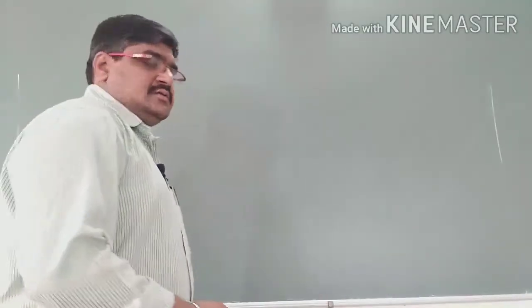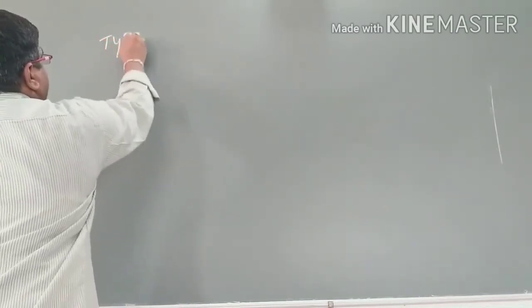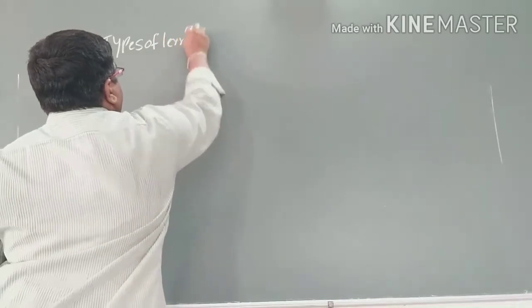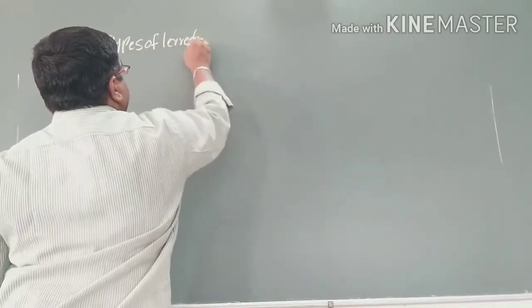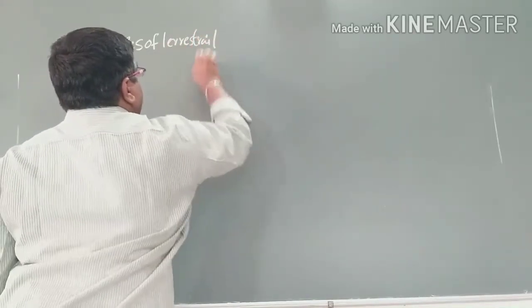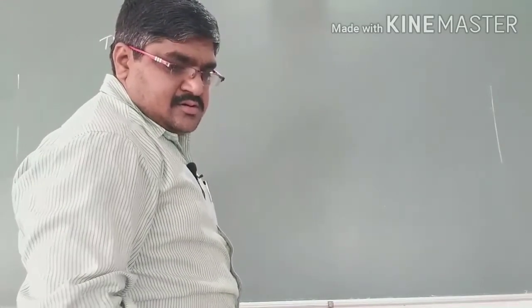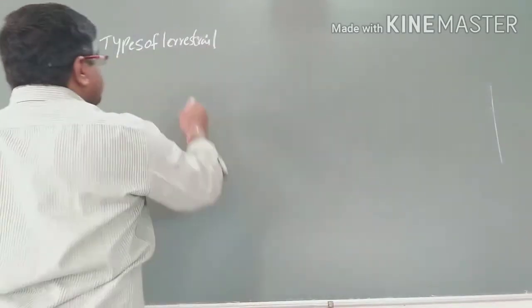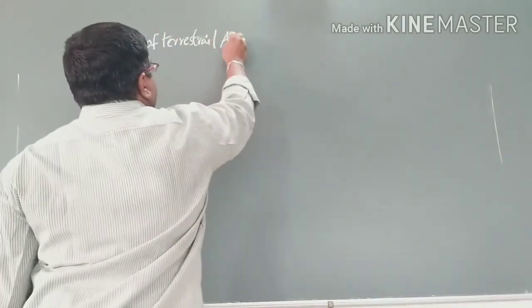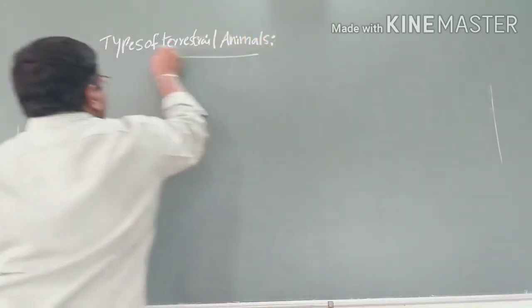So here, the types of terrestrial animals. There are 5 types.